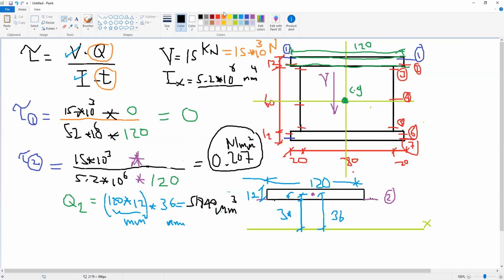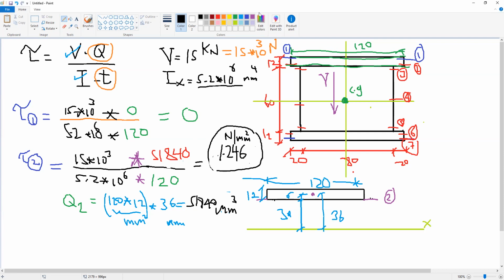If we put this value here, 51,840, the value of the shear stress at this point will be 15 times 3 times 51,840, which gives 1.246 Newton per millimeter square.